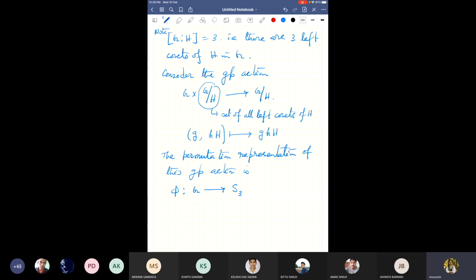So I will have the map from G to S3, the symmetric group on 3 elements. Now we know that this is a group homomorphism.